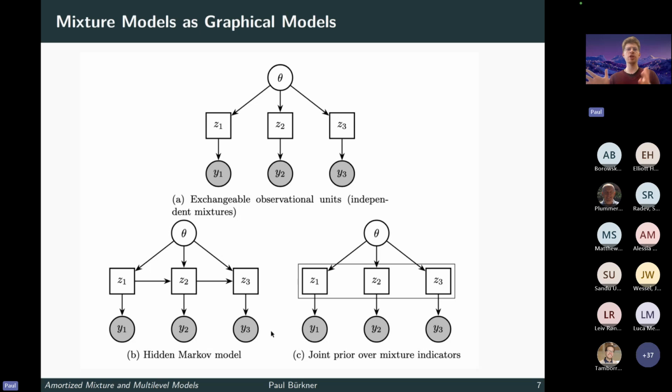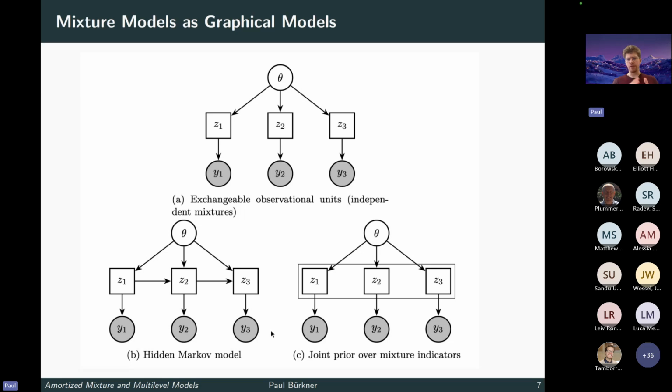However, a priori, we don't know which observation belongs to which mixture component if we have real data. But in observed data, we basically simulate forward. So we had some overall general parameters controlling how the general model looks like. And then conditional on these overall parameters, we have the individual mixture indices Z1 to, in this example here, Z3, which would control which of the observations 1 to 3 belong to which of the mixture components.